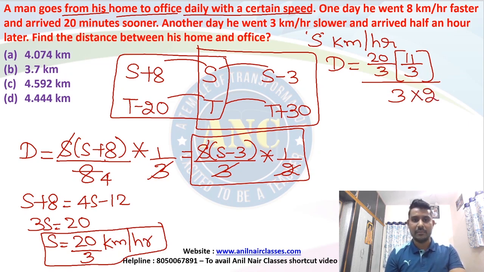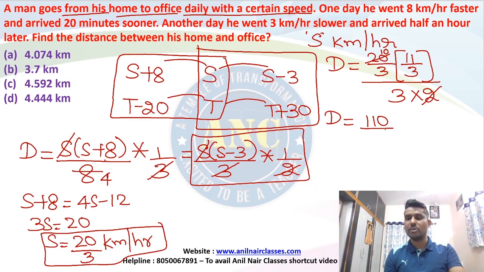All of them are the same in fact. So this becomes 2 into 10, 2 into 10 is 20. 10 into 11 is 110, and 3 into 3, with the whole thing divided by 3, that 3 also goes below, basically 3 cube. 110 divided by 27 kilometers is the distance.